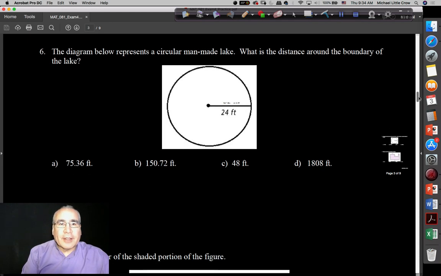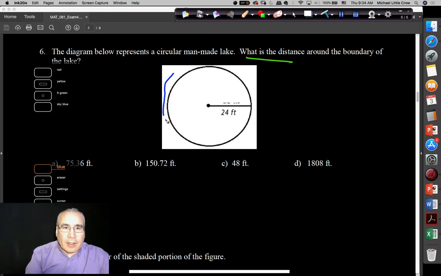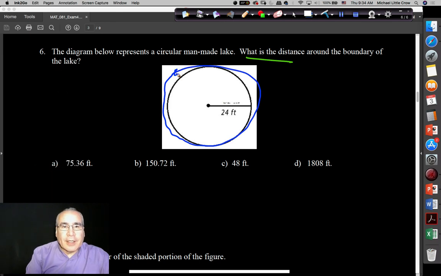Here's number 6. So what are we going to do with this one? The diagram below represents a circular man-made lake. What is the distance around the boundary of the lake? So we want to know the distance around. So how long would it take to go around the lake? That's called circumference.